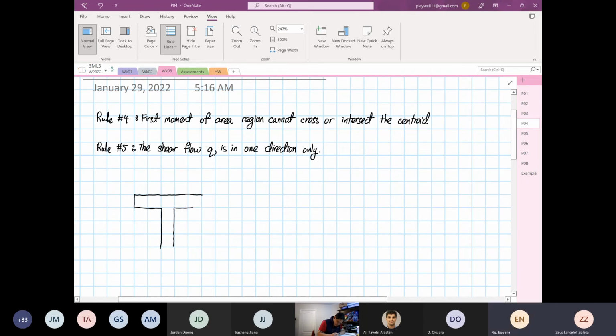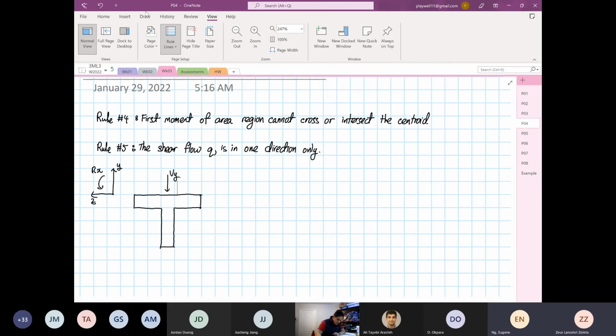This is our cross section, with our y, z axes, rotation in the x, and this is our dy.